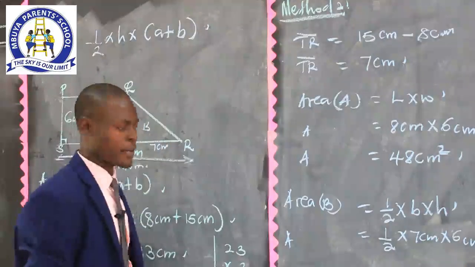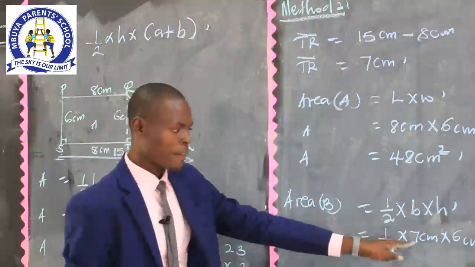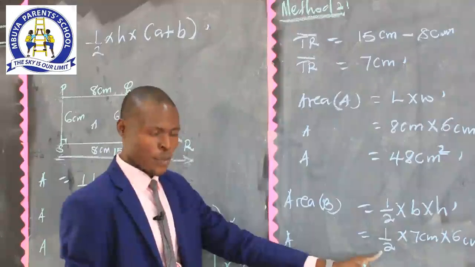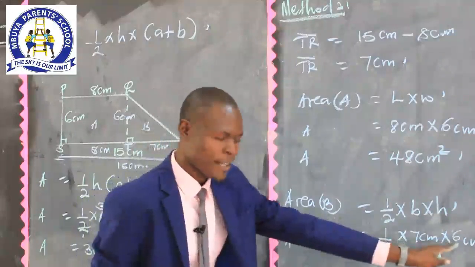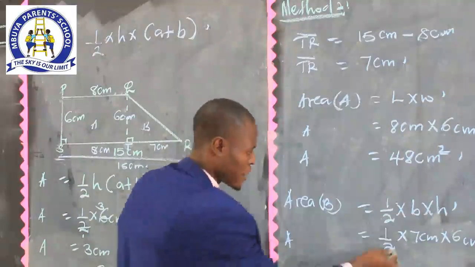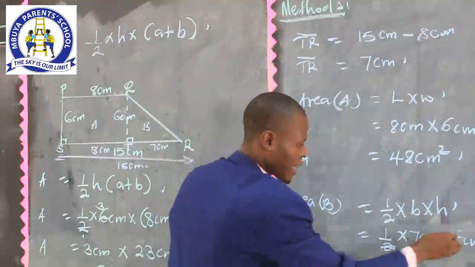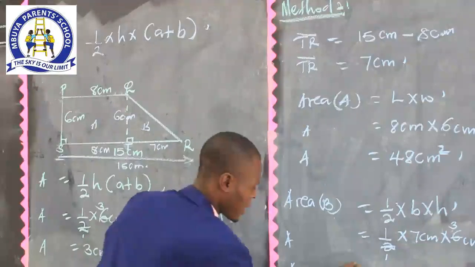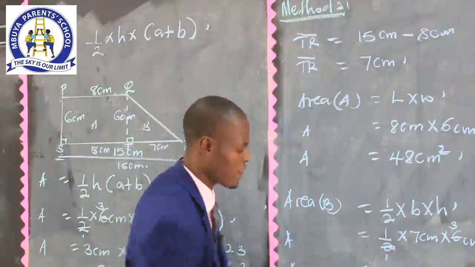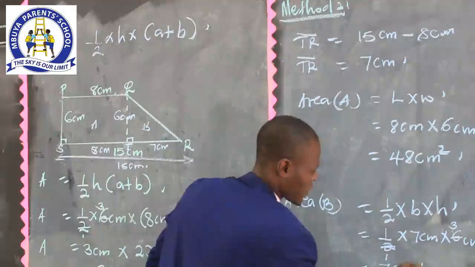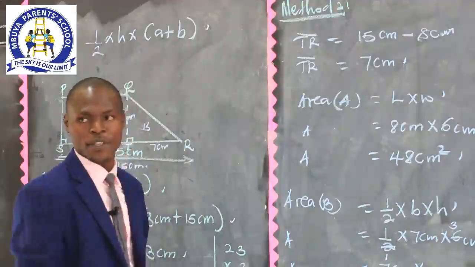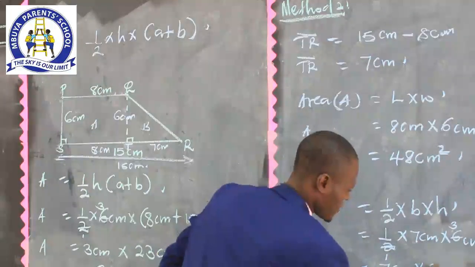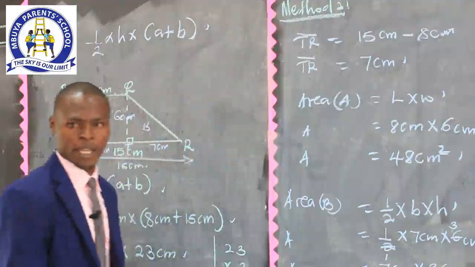We can now go ahead and reduce. However, 7 is not a multiple of 2. However, 6 is. So we can reduce by 2, it is a 1, and by 2, class, it is a 3. So we shall have our area giving us 1 times 7 centimeters, which is 7 centimeters, times the 3 centimeters. Hope you are with me?